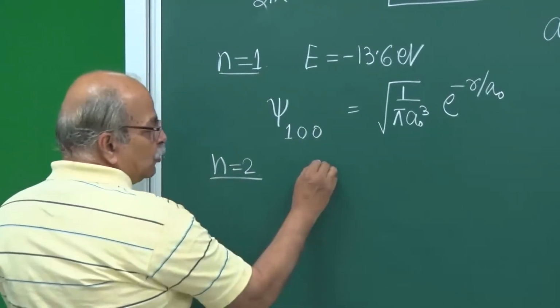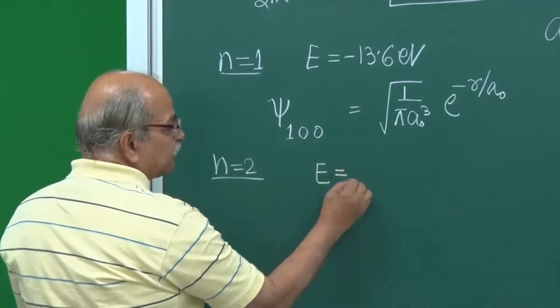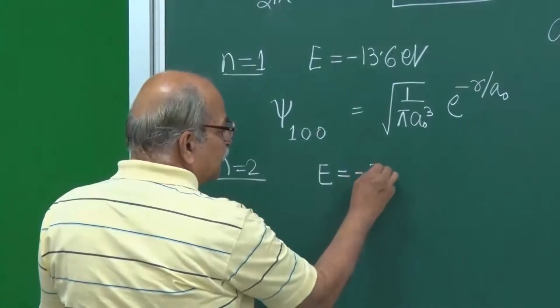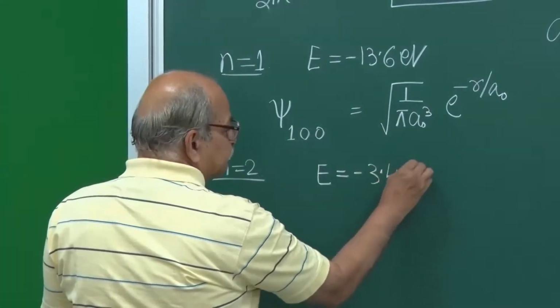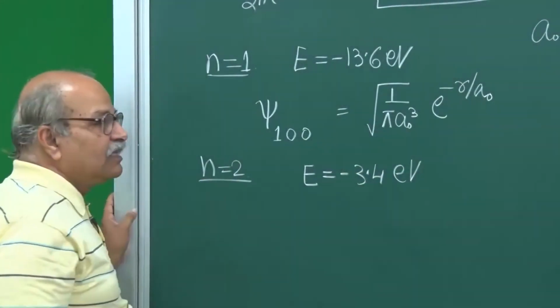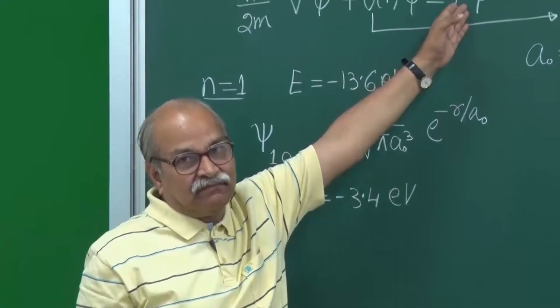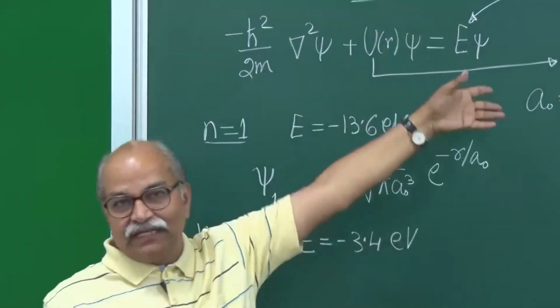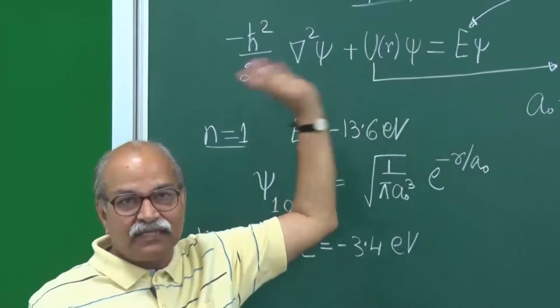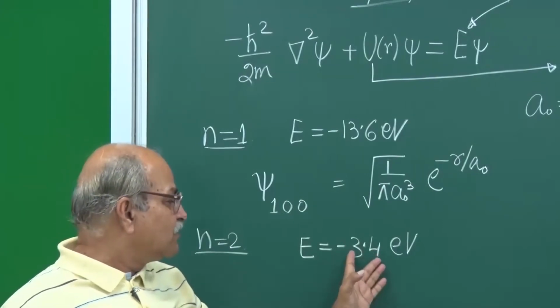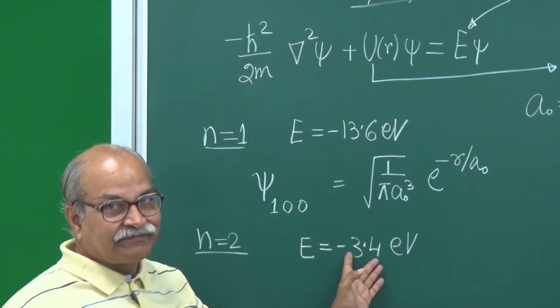For n equal to 2, E will be this divided by 4, so it is minus 3.4 eV. Anything between these two, if you put here, you do not get any solution, you do not get any functional form of psi. So the next energy available or allowed is this.